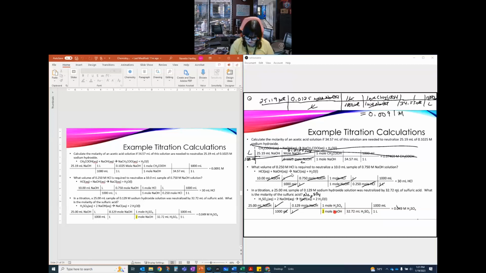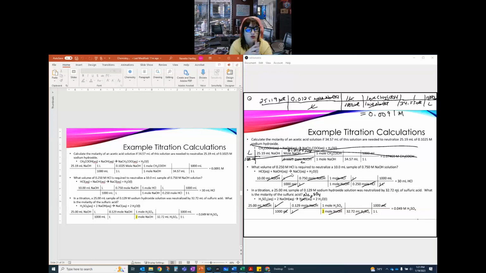So now I'm in moles of H2SO4. I need to divide by the volume, which is 32.72 milliliters of H2SO4, and then convert that milliliters to liters. And when I do that math, that gives me 0.049 molar H2SO4.